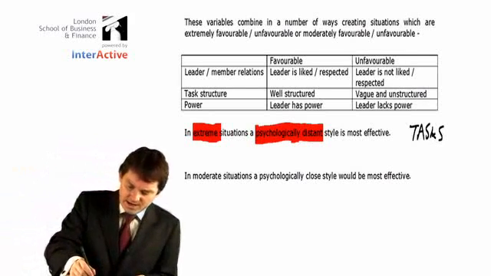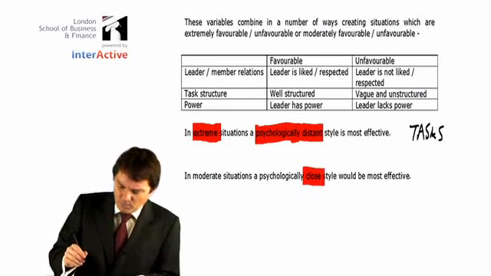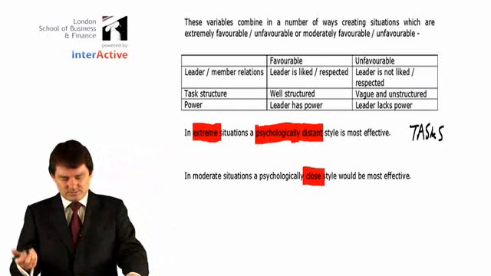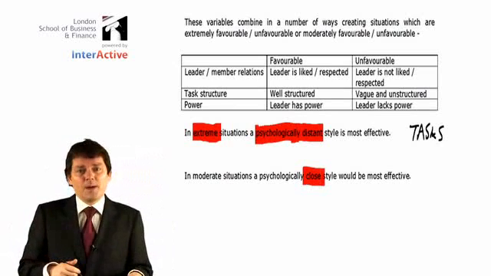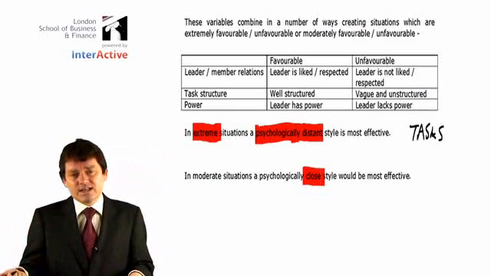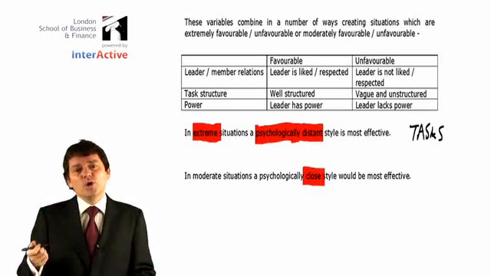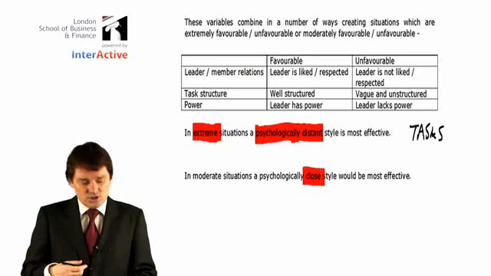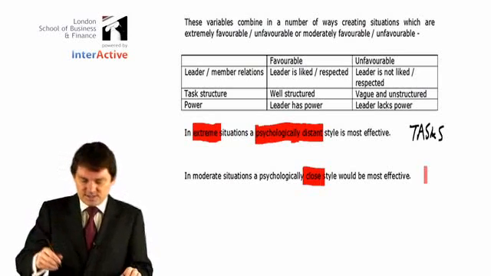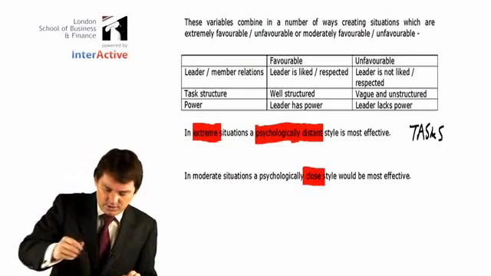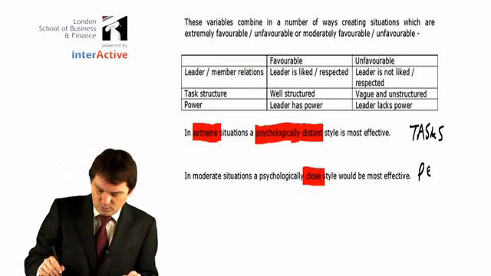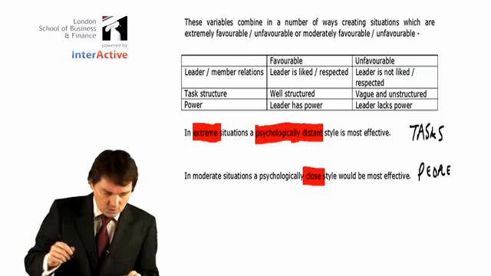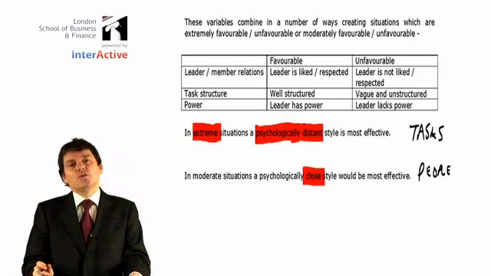On the other hand, if you get on well with the workers, if they like you, if you've got a lot of power over them, then be friendly towards them. The workers will respond to that. So it depends what the circumstances are. That second one, a psychologically close style, would basically mean that we focus on the people.